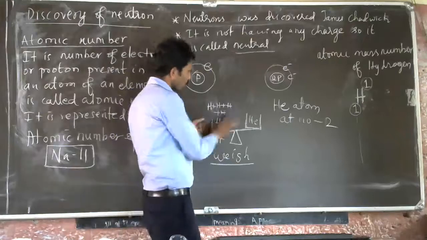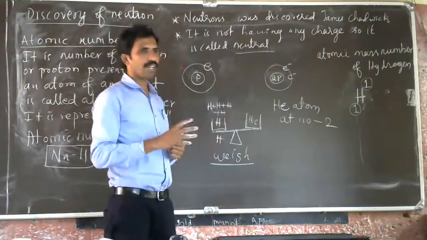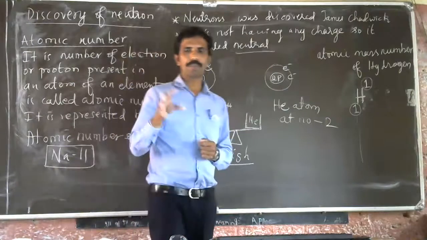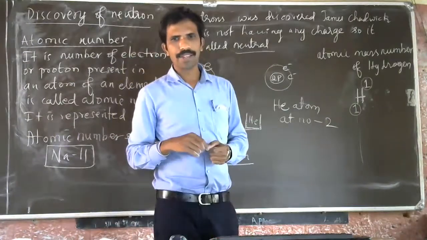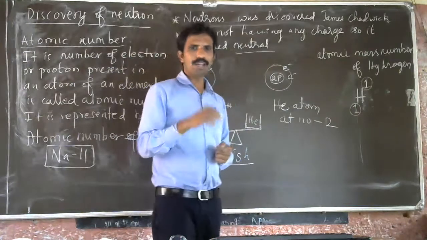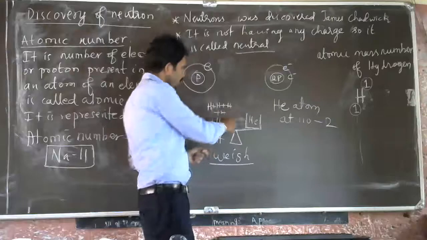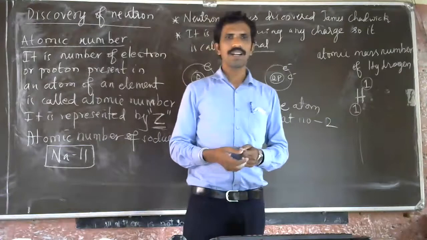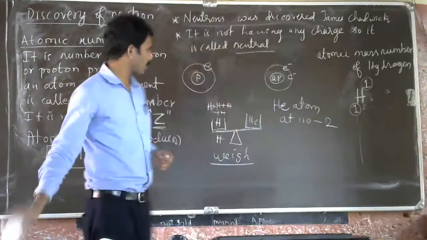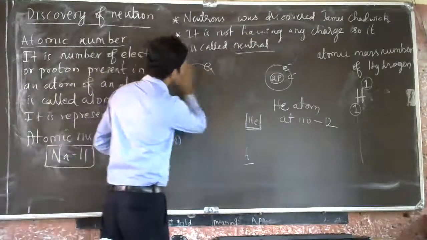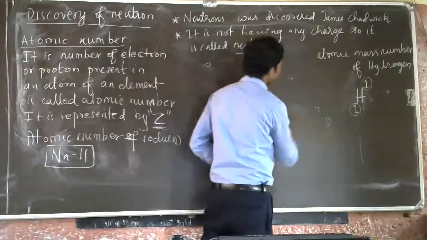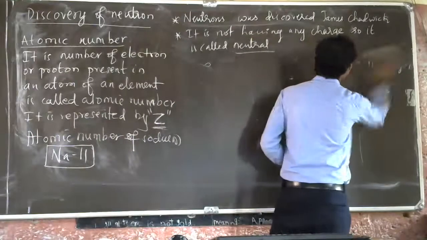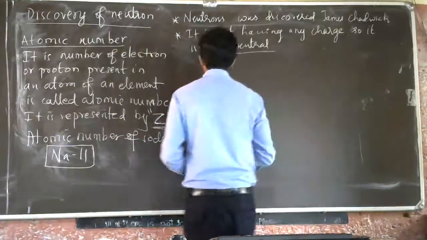That's why they thought some other particle may be present in the atom, because of which it is not balancing. So later on, James Chadwick discovered the neutron by his experiment. Again, he also took alpha rays.